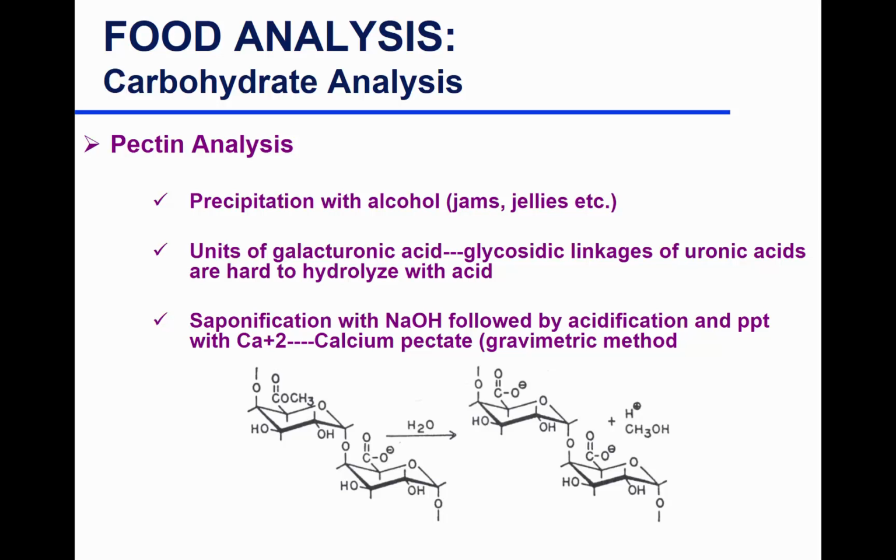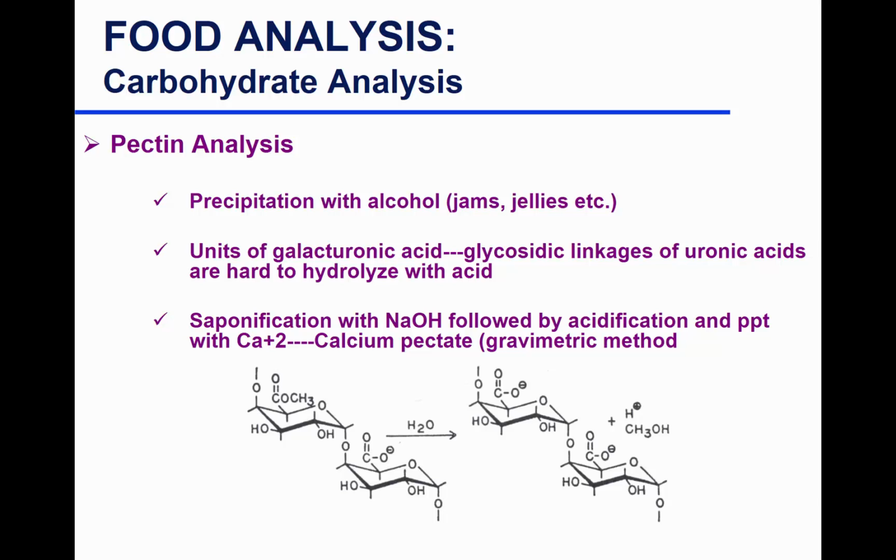Pectin analysis is often done for products such as jams and jellies, and it's based on precipitation with alcohol. Basically you precipitate the pectin, separated from everything else that is typically soluble, and you subject it to saponification, acidification and precipitation.